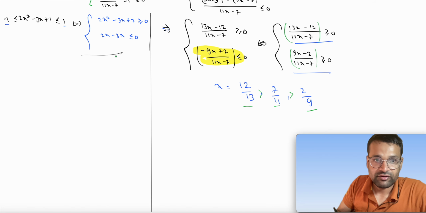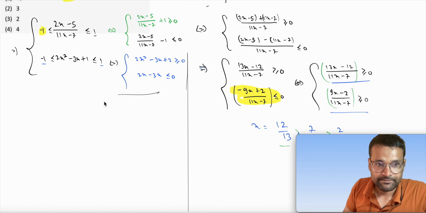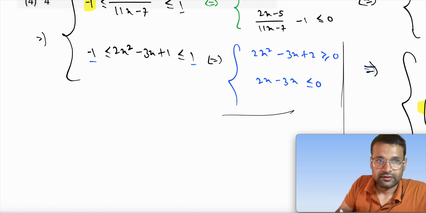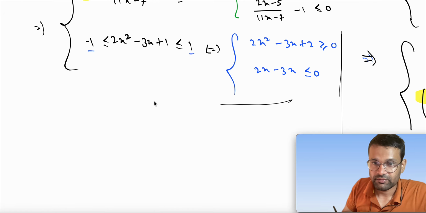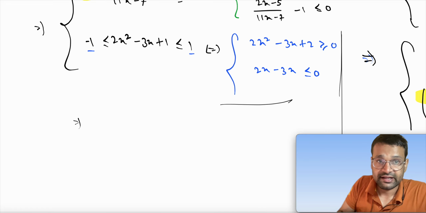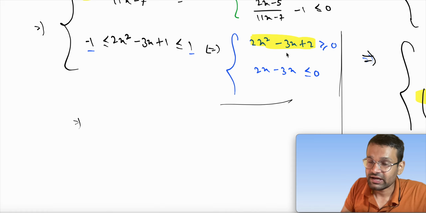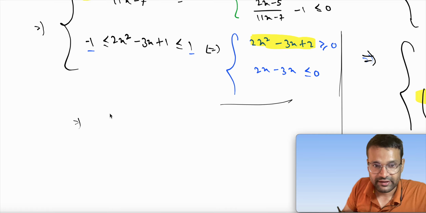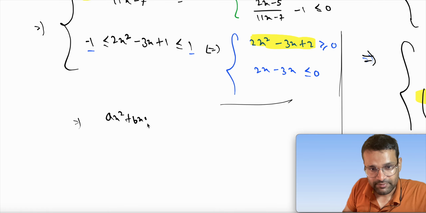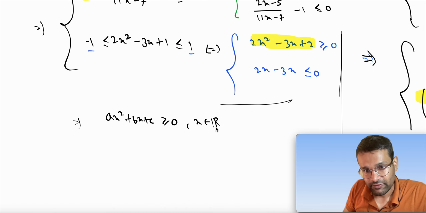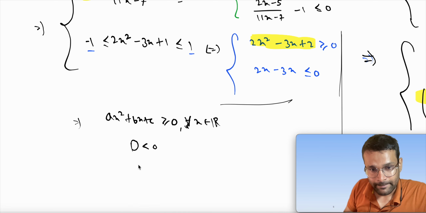Now you can solve this part also, then you get that. Here you can see that the discriminant of this inequality is less than 0. You know from the quadratic equation that ax square plus bx plus c is always greater than or equal to 0 for all real values of x if D is less than 0 and the coefficient of x square is greater than 0.